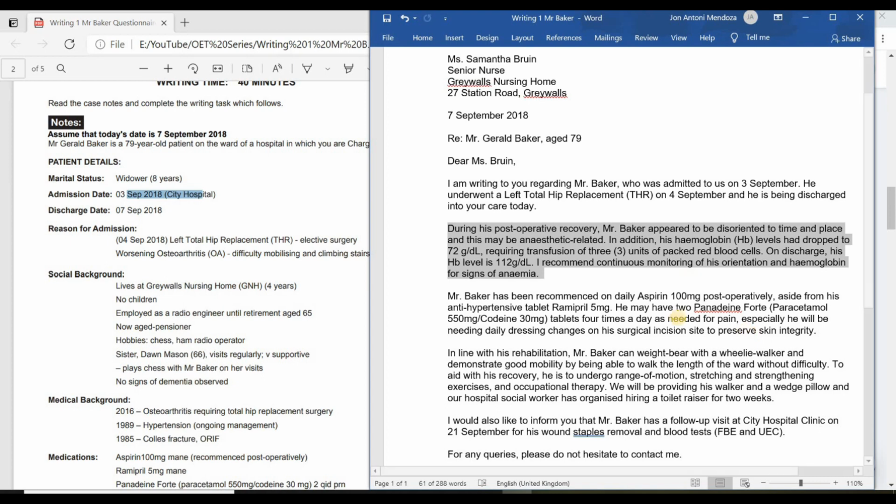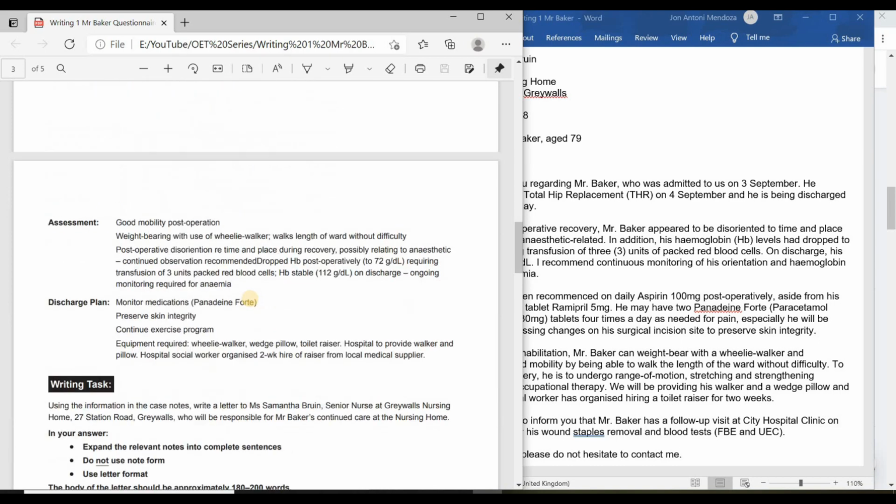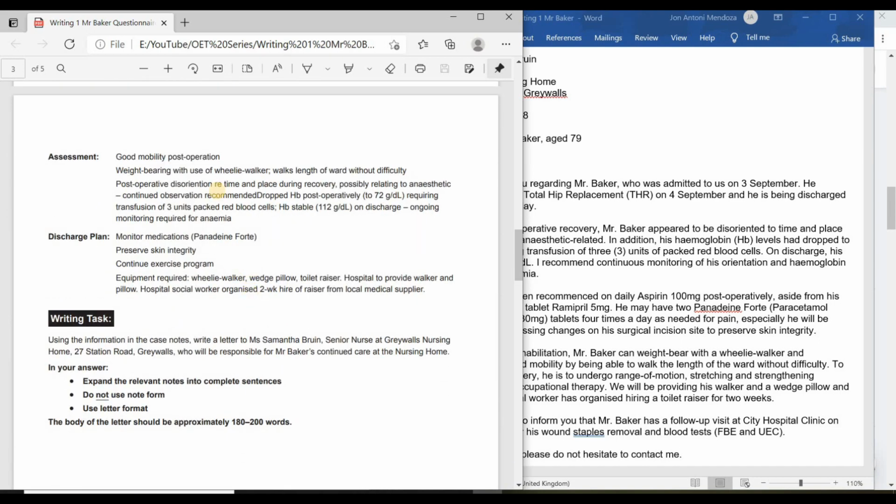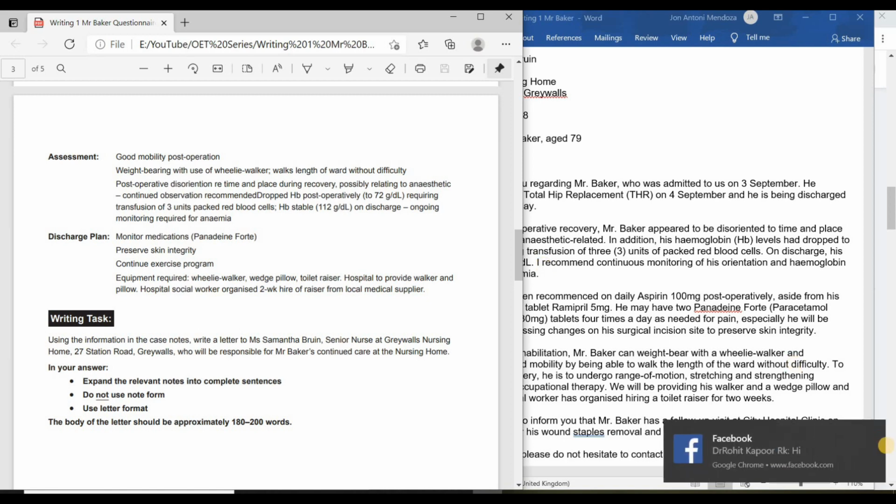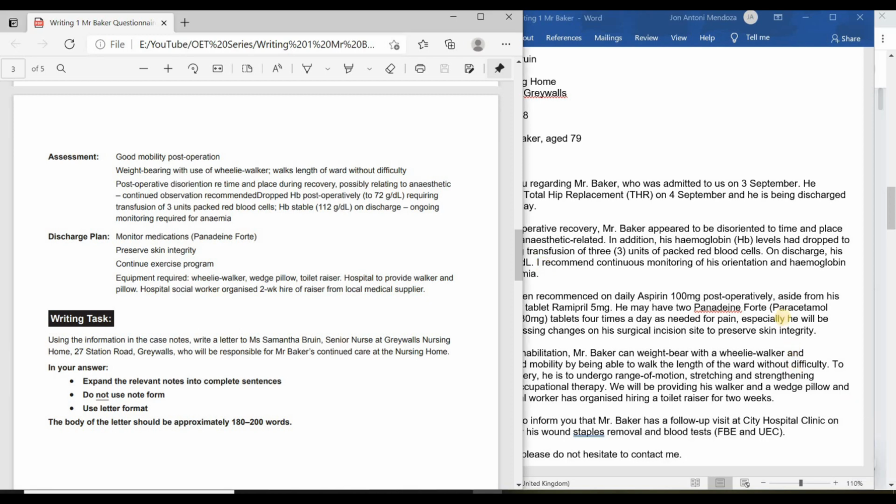anemia. So I've included this part from the assessment because I just felt that they're about safety. So patient safety, we have to ensure that they've been included into our letter when we are handing over our patient to another healthcare professional. Especially in our field, nursing.